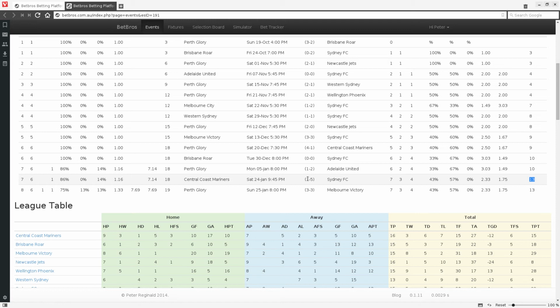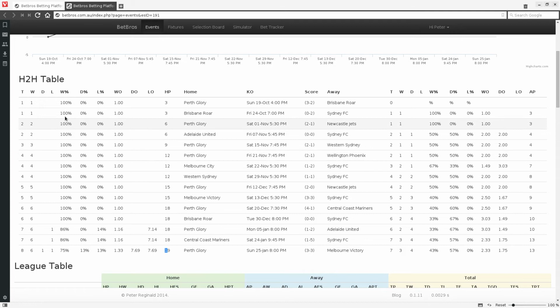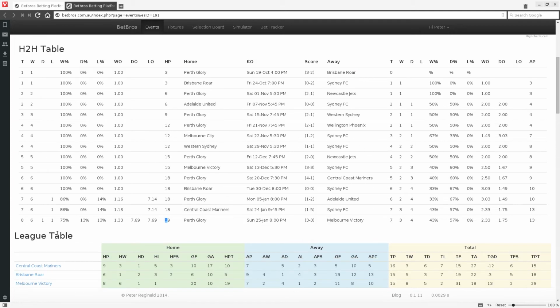So then we have to ask ourselves, there's only 6 points difference between Perth Glory and Sydney FC. Let's see, this is the win percentage. For Perth Glory, out of 8 matches, Perth Glory has won 6.